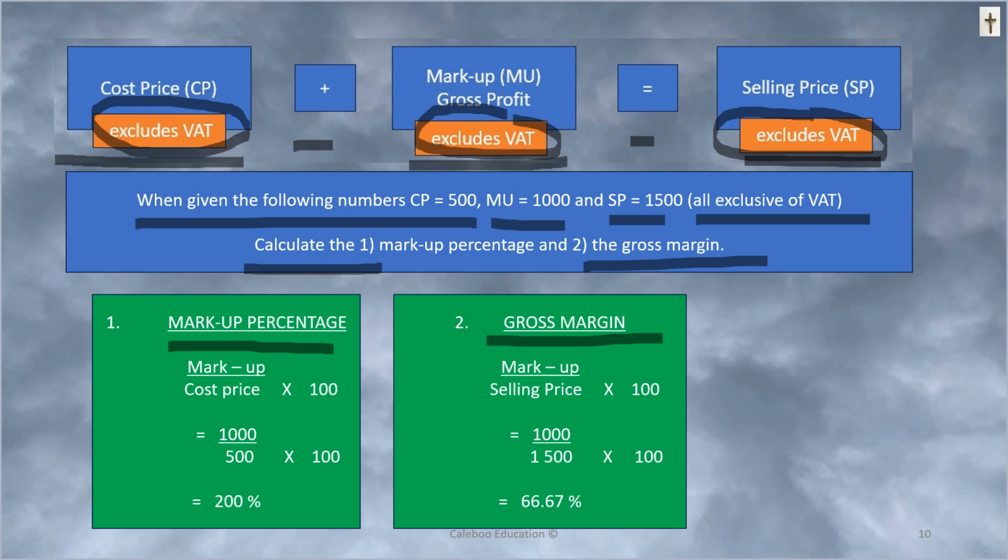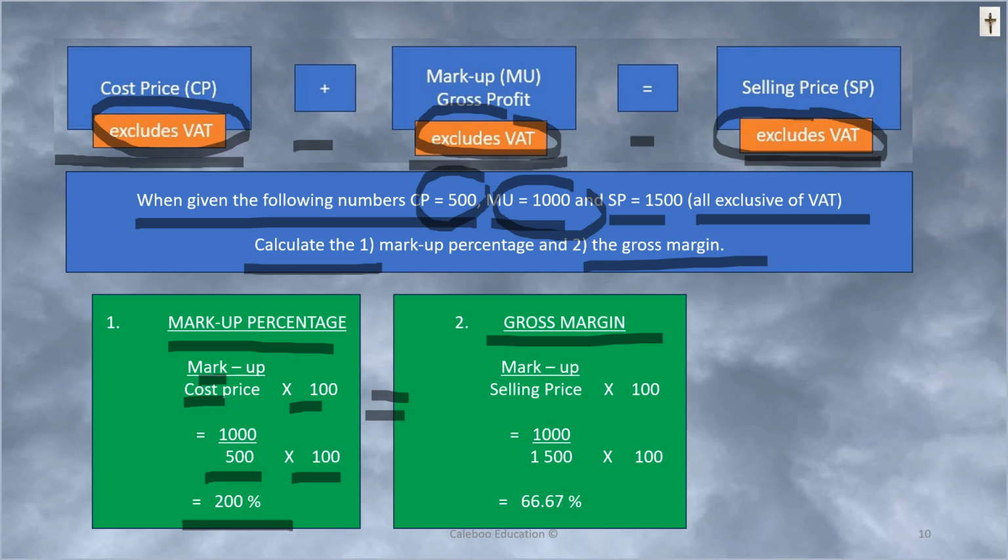Markup on cost price, if we take the markup of 1,000, markup on the cost price of 500, multiplied by 100. 1,000 over 500 times 100. In the first example, the markup on the cost was 200%. Quite a big markup. Now the equivalent, quite interesting, markup on selling price.